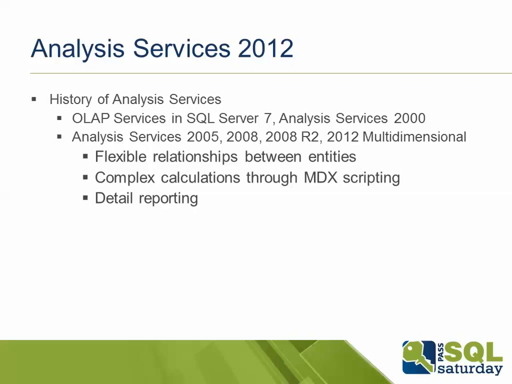Whereas the traditional cube sweet spot is at the aggregated level, where there may have been 500 million transactions contributing to that single cell, but by definition, you're going to have a lot fewer rows and columns. That's the sweet spot of Analysis Services traditionally, right?